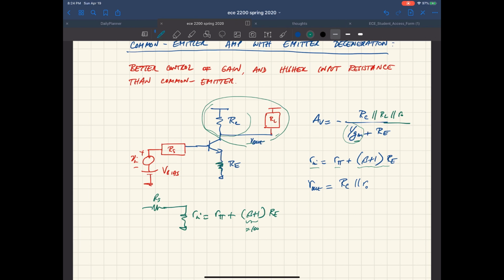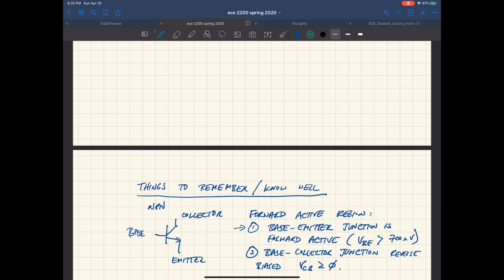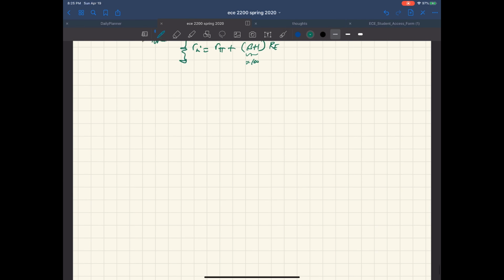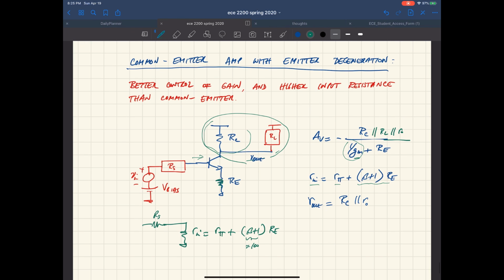So you're going to have a much higher input resistance for this configuration, meaning that you'll be much, much less affected by the source resistance. So I suggest you look at that and remember it well.